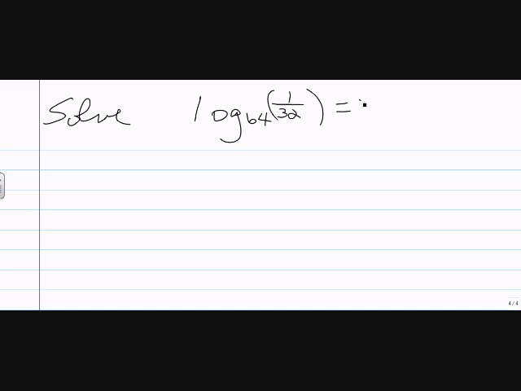And I'm going to first set it equal to x. Now I write myself an exponential, yes. The exponential is going to be 64 to the x power equals 1/32.